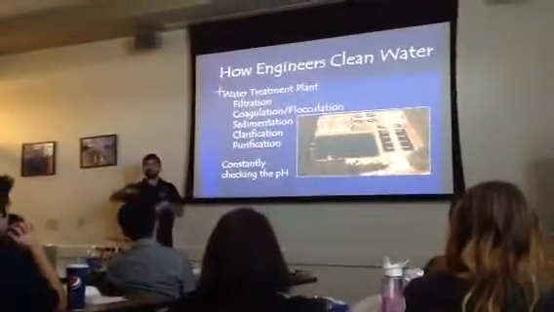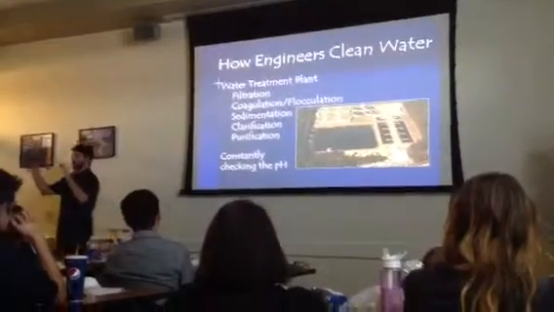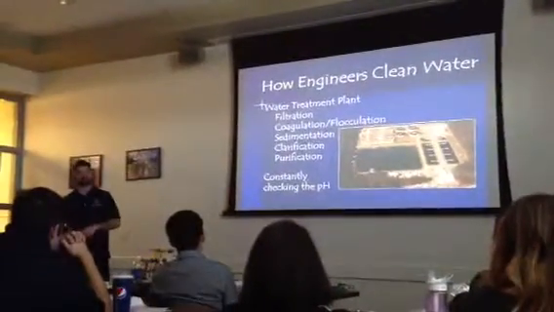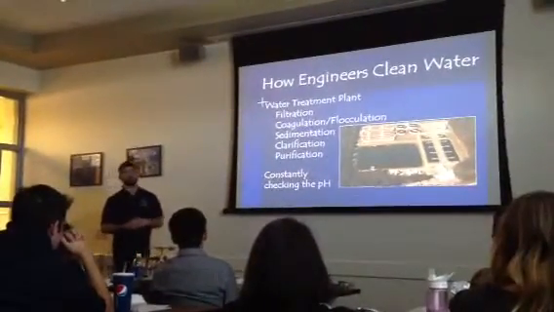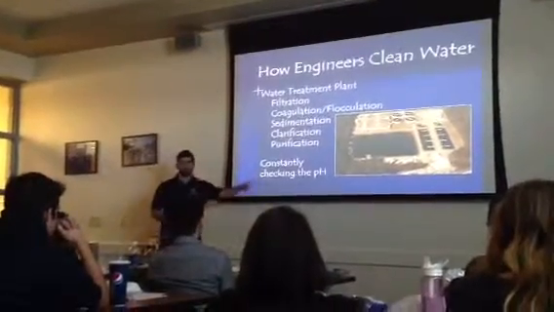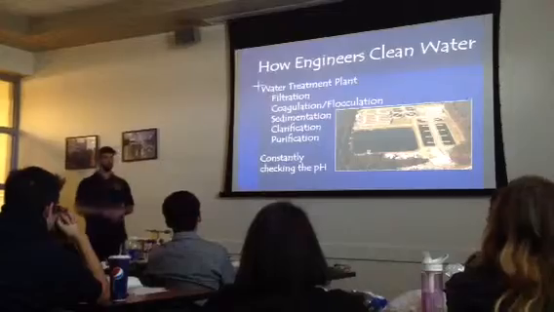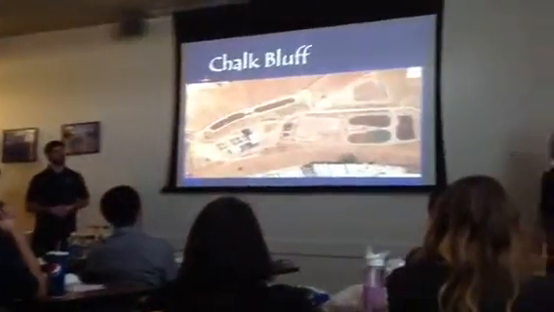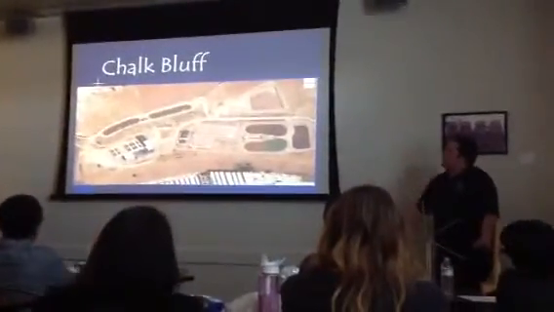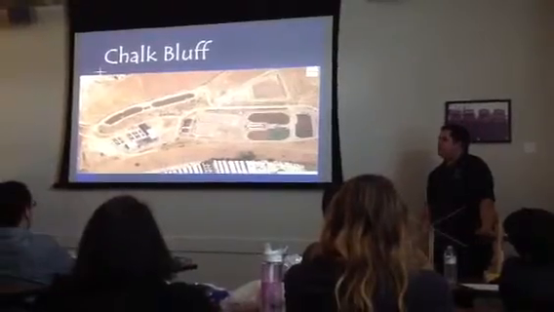But we're going to first filter the water, get all the chunks, all the visible stuff out, and then we're going to purify it. That's generally through a process of chemical treatment. And we check the pH because for our water we want the pH to be at 7, which again we'll elaborate on later. Alright, so this is a picture of Chalk Bluff, which is actually in Reno. It's a water treatment facility. That's just an overview.